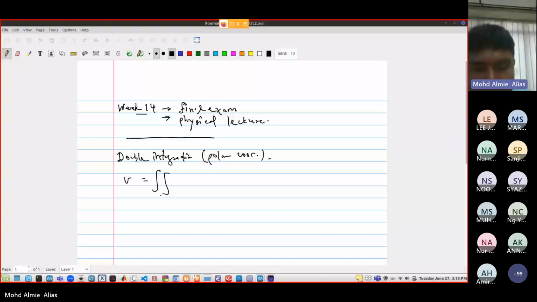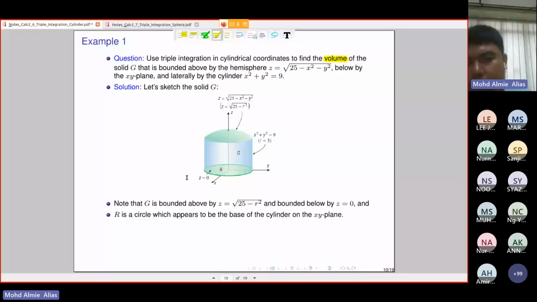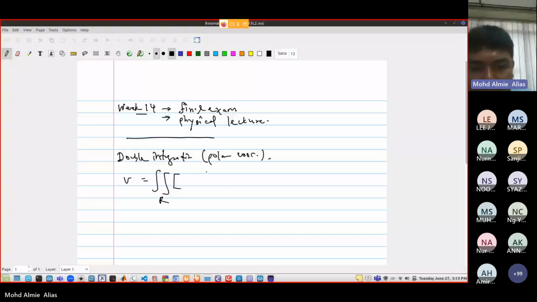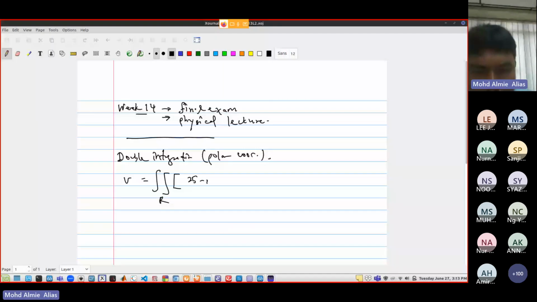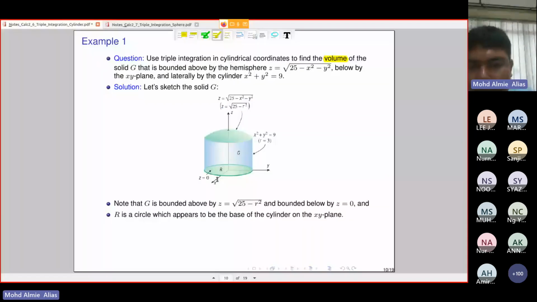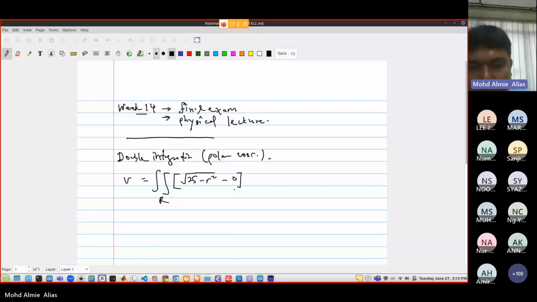is a double integral over r, and the integrand is the height, or specifically the difference between the heights. So you have here the roof, which is the portion of the hemisphere, 25 minus r squared, minus the floor, which is z equals 0, and we have here r dr d theta.